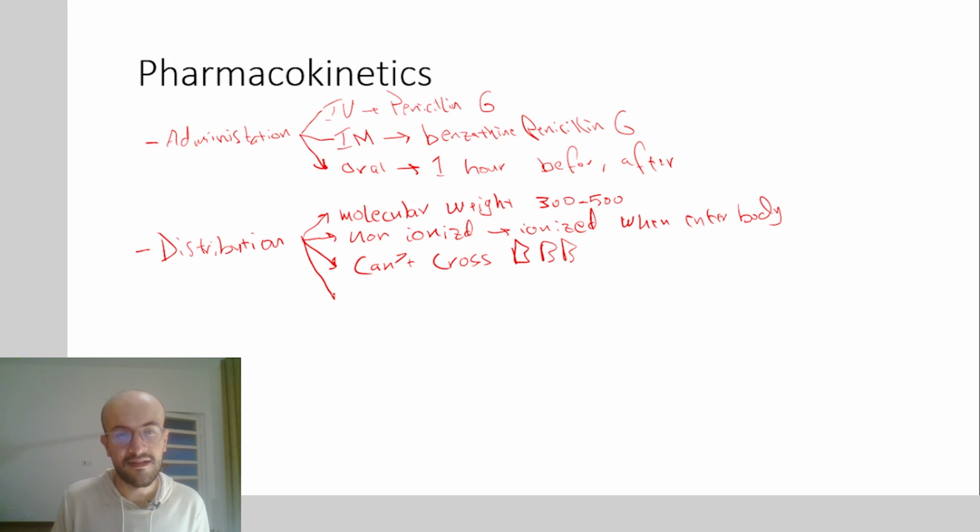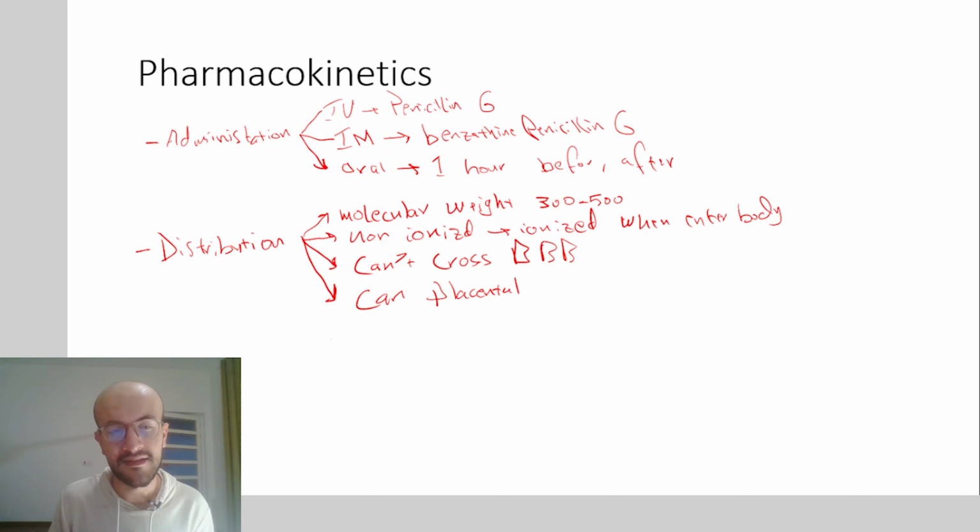But it can cross the placental barrier. It can always cross the placental barrier, but it is not teratogenic because the baby does not have the transpeptidase enzyme that the penicillin works on, so it would be non-teratogenic for the fetus.